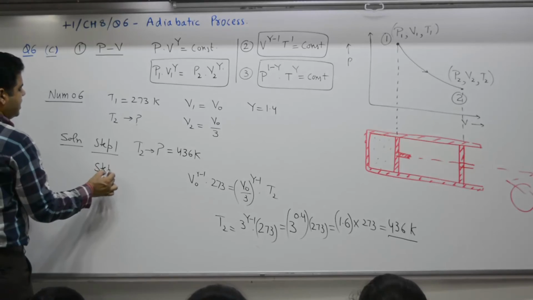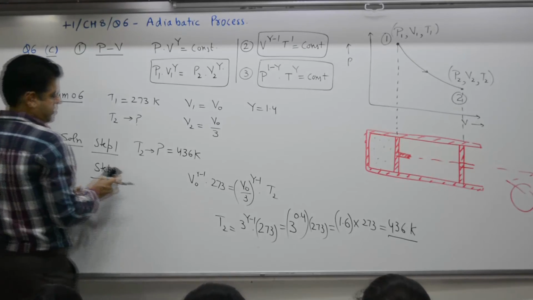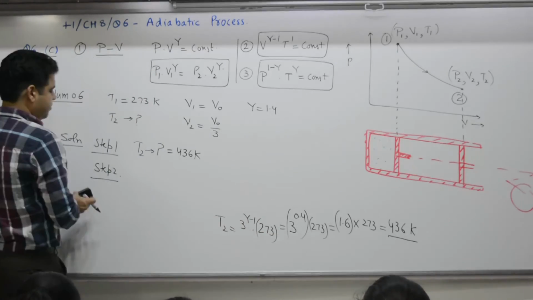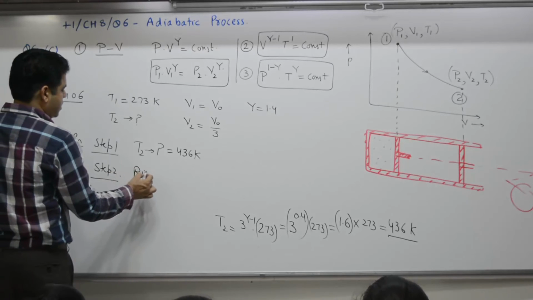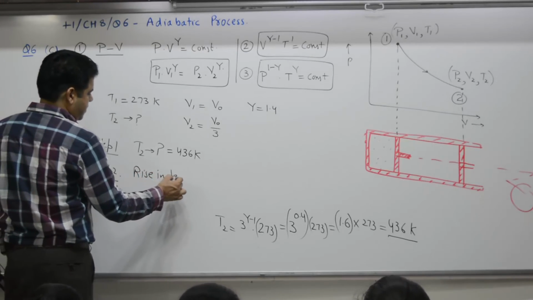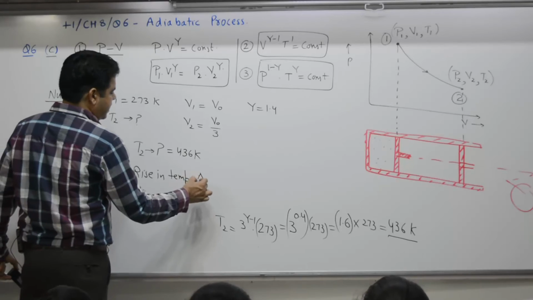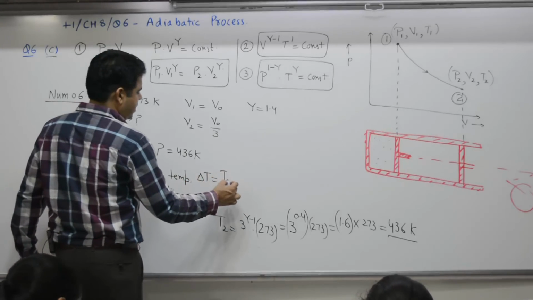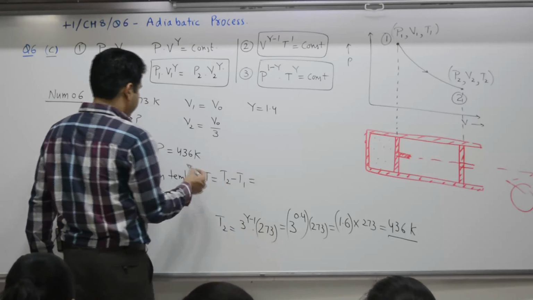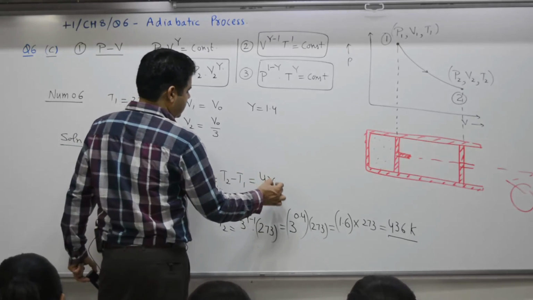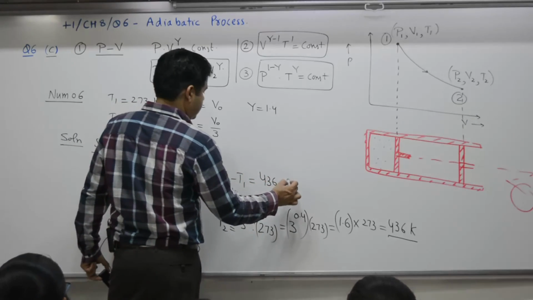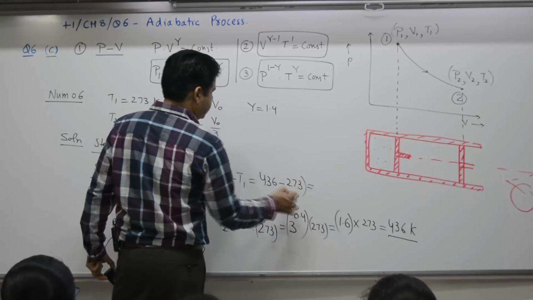But question is, what is rise in temperature? Rise means what? Delta T. Change. Final minus initial. Final is how much? 436. Initial was how much? 273. Approximately equal to what?